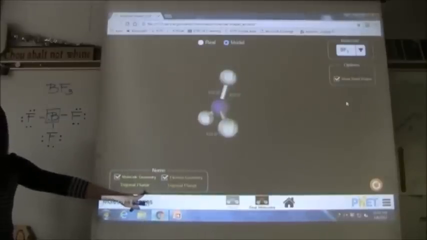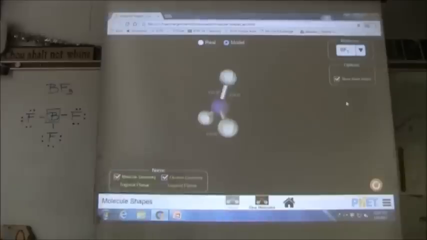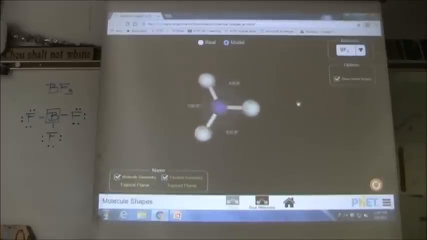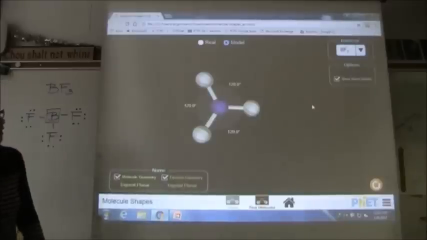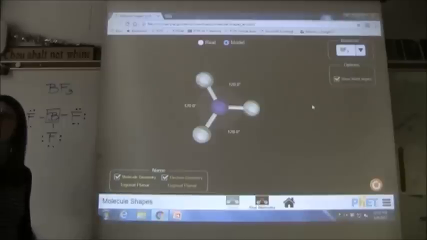Do you know what the word planar means? Flat. Yeah. Okay. If I rotate this like that, you can see that it is flat. Okay. It's got 120 degree bond angles. And what do you guys think? Polar, nonpolar?